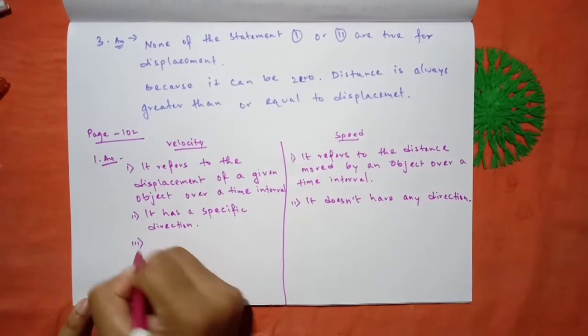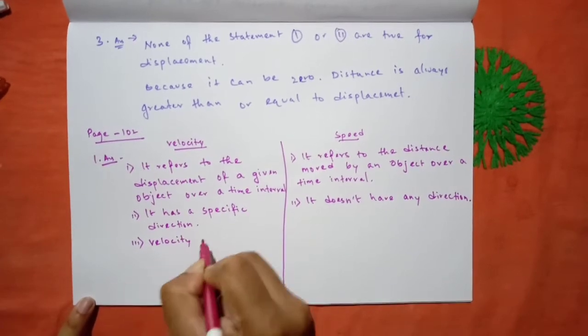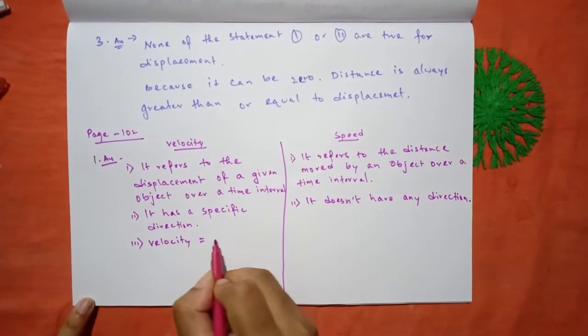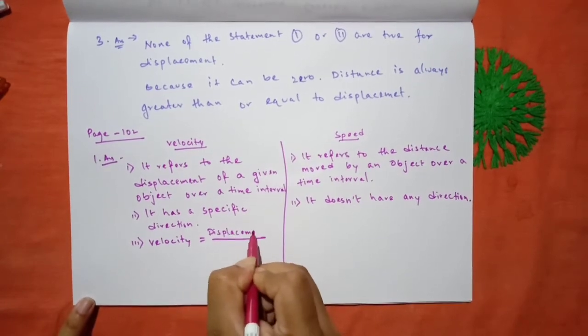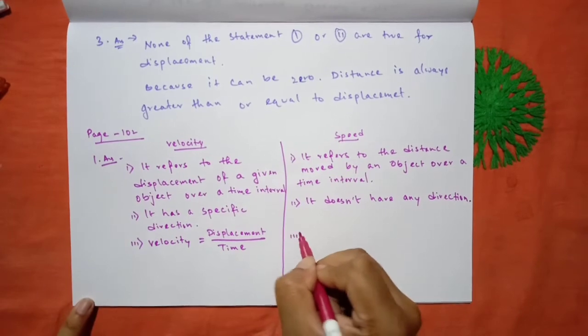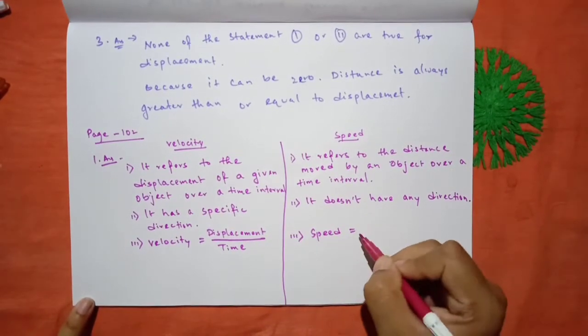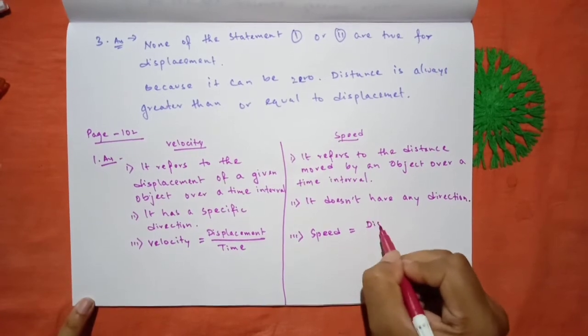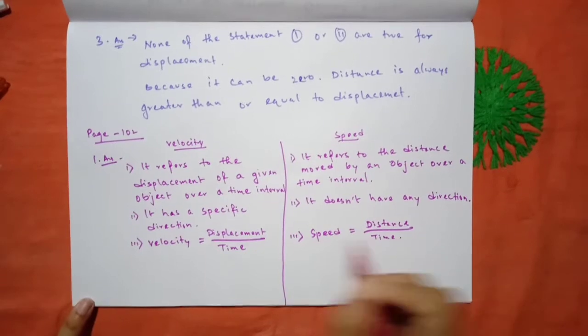The third point will be, velocity is equal to displacement by time, and here speed will be equal to distance upon time.